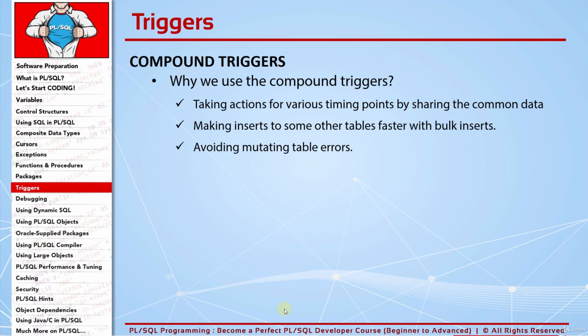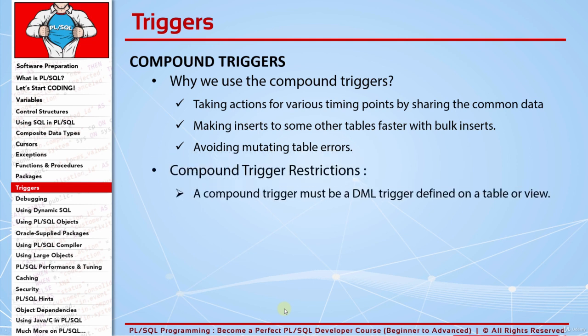Now, are there any restrictions of the compound triggers? Yes. A compound trigger must be a DML trigger defined on a table or view. So you cannot create a compound trigger as a DDL trigger or something. It must be a DML trigger and can be on a table or a view. A compound trigger body must be a compound trigger block.